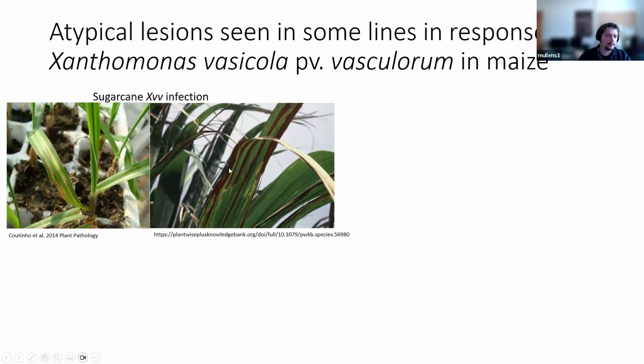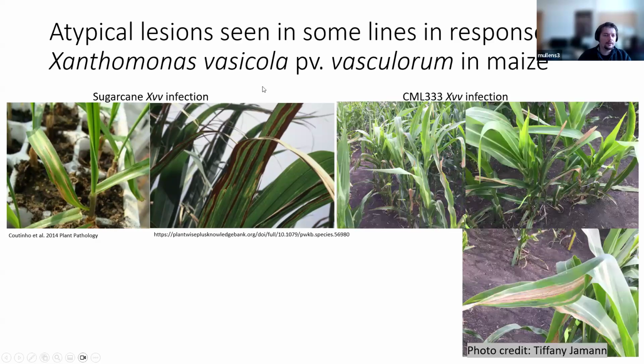It starts on the tips and edges, tracks along the veins, typical of a vascular pathogen. And then here are some images of inoculated CML333 in the field, and it has very similar looking lesions to what you see in sugarcane, where they start along the tips and edges, sort of track along the veins. Some of them even look like they're wilting a bit.